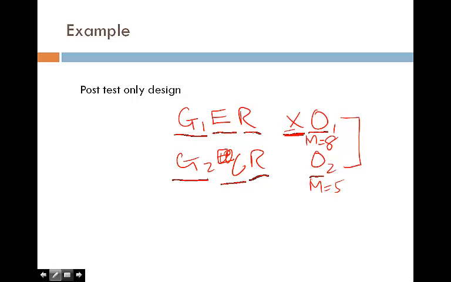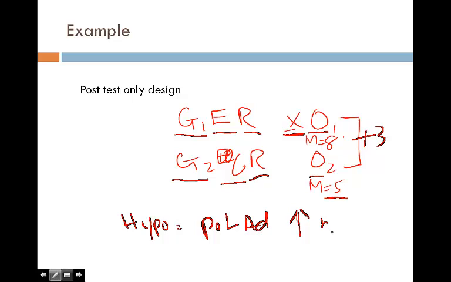Assuming that everyone is randomized, the mean goes up to 8. So we have 3 points plus in the treatment group, and the mean here still remains the same, 5. So then we can say yes, the hypothesis is that the political ad works, and it does increase by 3 points.